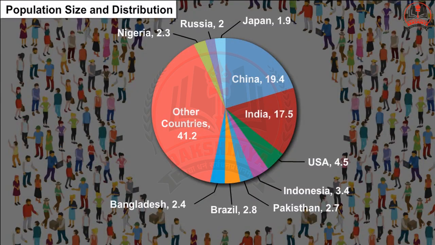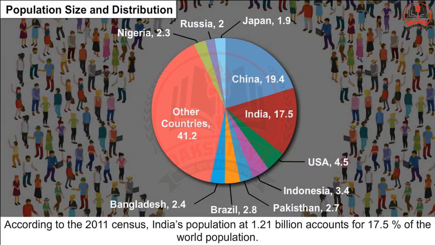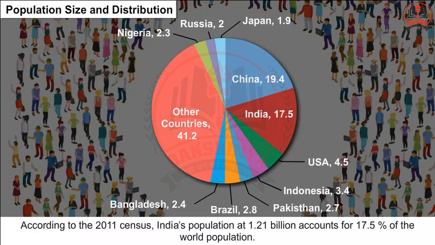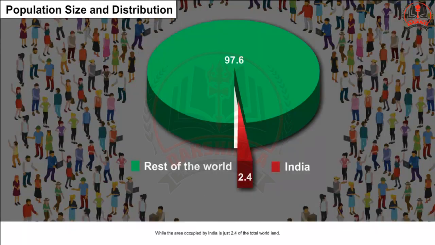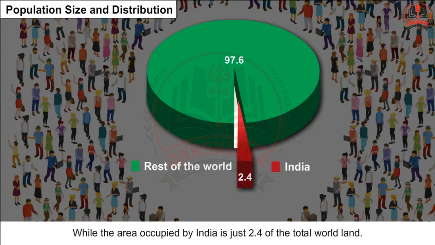Population size and distribution. According to the 2011 census, India's population at 1.21 billion accounts for 17.5% of the world population, while the area occupied by India is just 2.4% of the total world land.